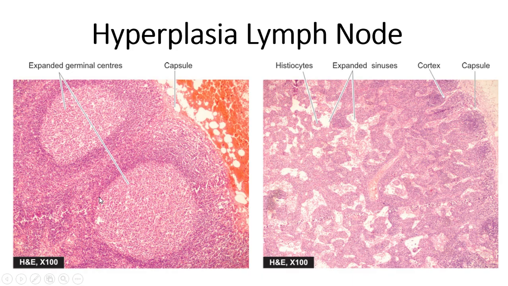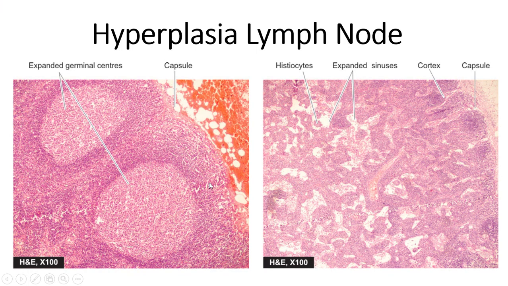And in cases of lymph node hyperplasia, the increased number is usually related with increased size of the germinal centers. So this is one follicle. Usually the germinal center takes up a proportion of the lymph node follicle, with the surrounding tissue, surrounding lymphoid cells.